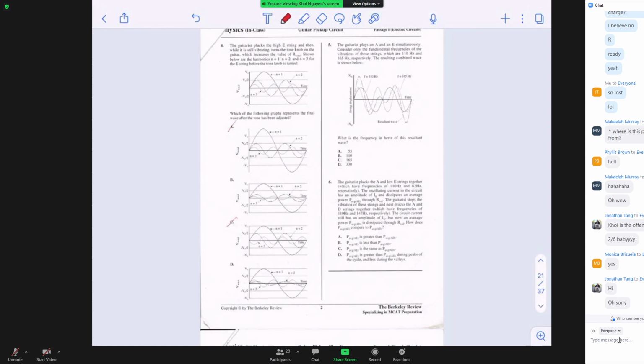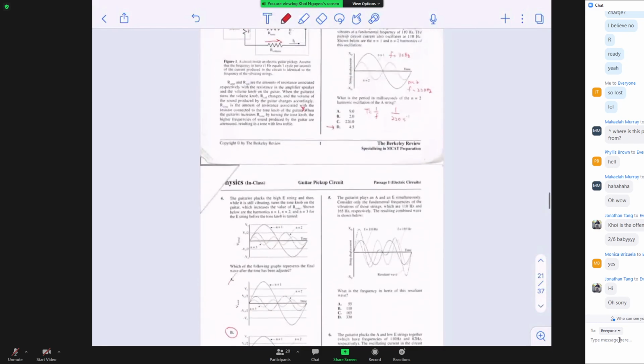And D has attenuated N2 so much that it's less than N3. They should be proportional. So the best one is answer choice B. Okay. It's looking at details and reading, right? Higher frequencies attenuated or reduced in amplitude.